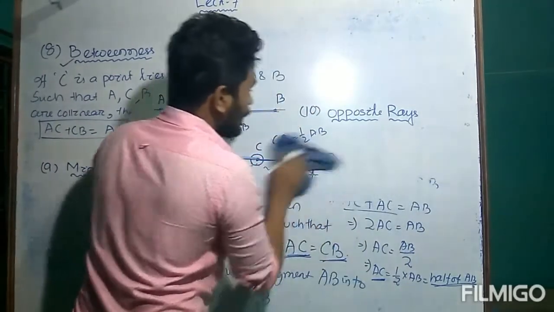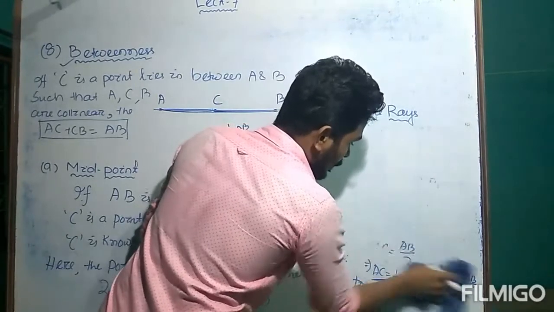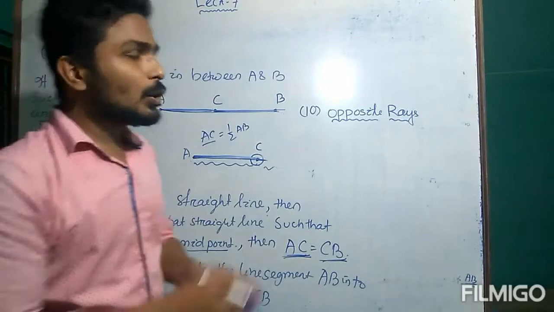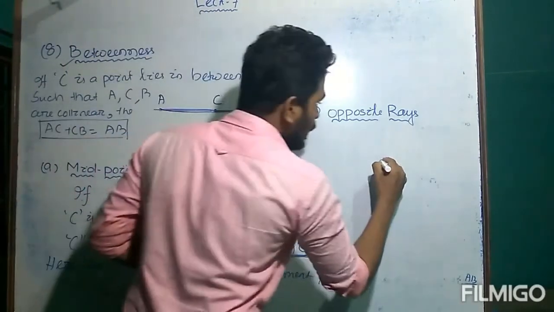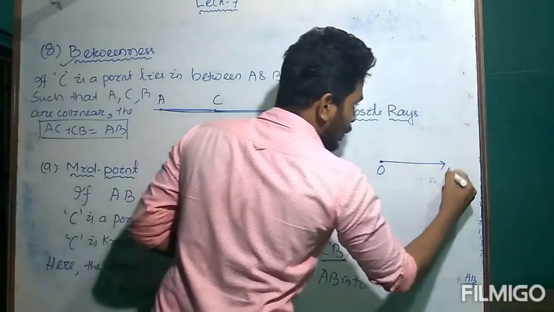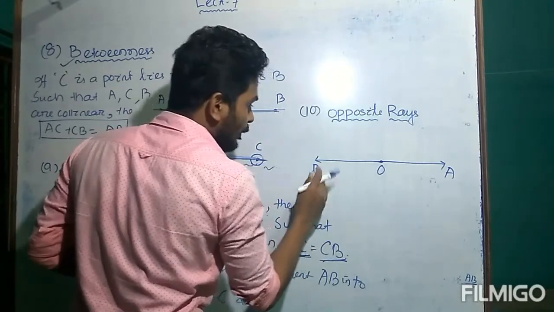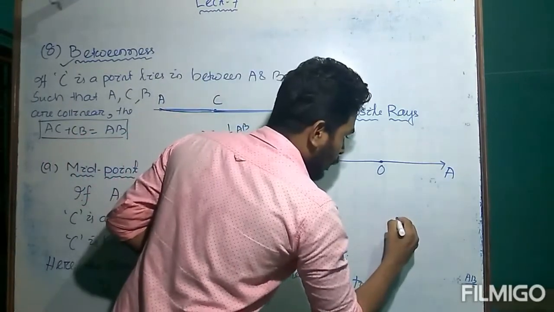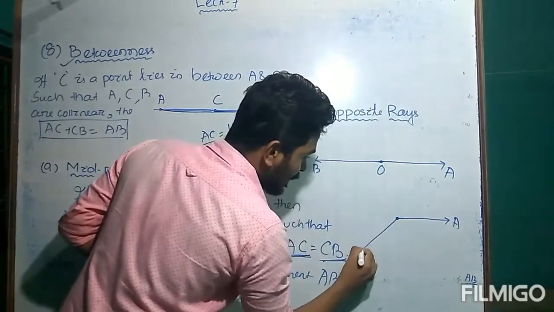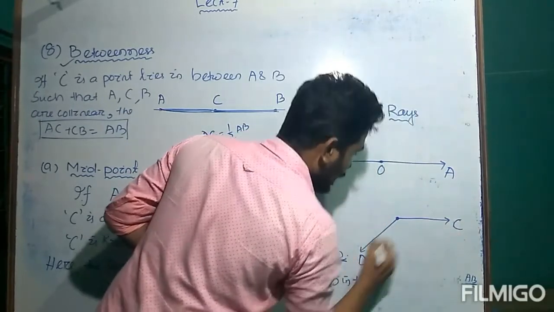Now coming to the third term, that is opposite rays. What are the opposite rays? The statement is two rays are said to be opposite rays. This is a ray, suppose its name is OA, and this is another ray whose name is OB. Here another ray, suppose this is OC and this is OD.